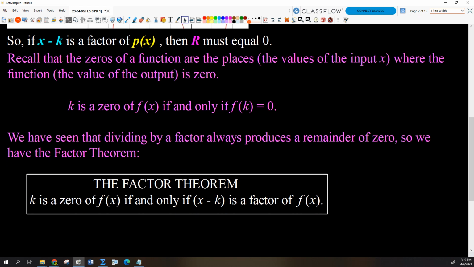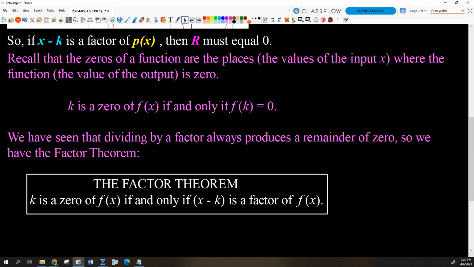So let's look at this in a little bit of writing, so you can focus on the text here for a second. If x minus k is a factor of p of x, then r must also equal 0. Those go together, right? Recall, we've already talked about this, that the zeros of a function are the places where the function is 0, right? So in other words, k is a 0 of f of x if and only if f of k is equal to 0.